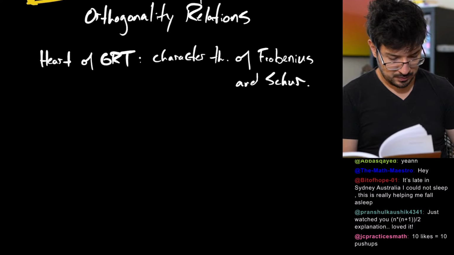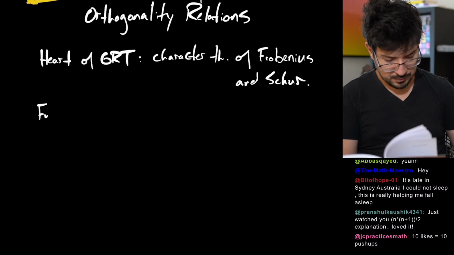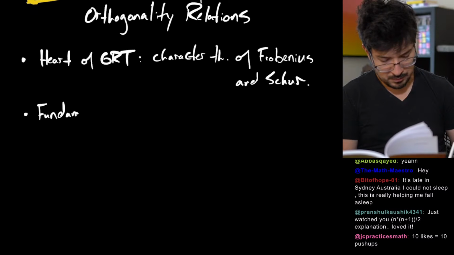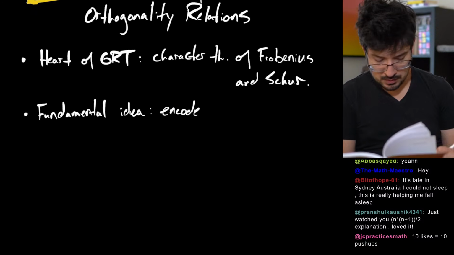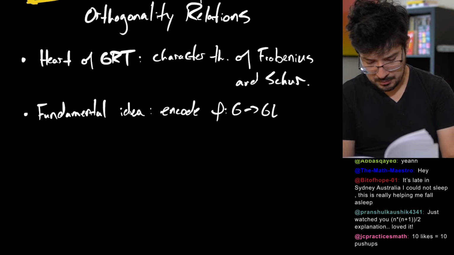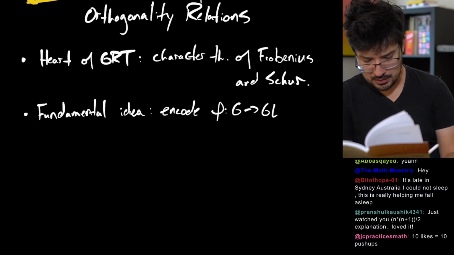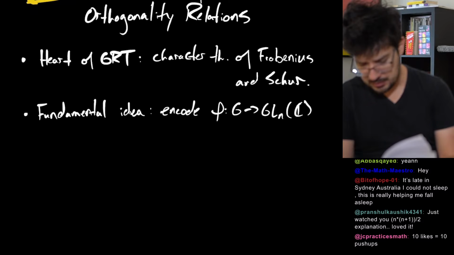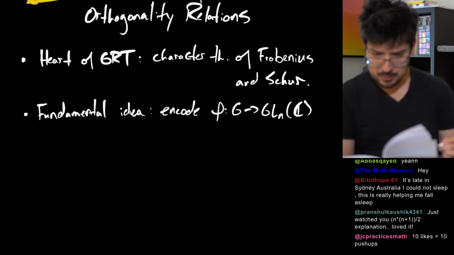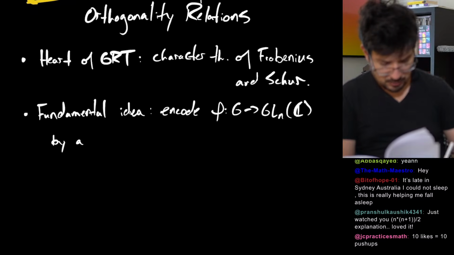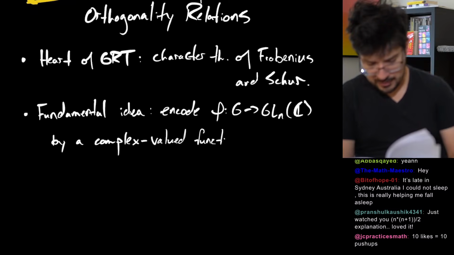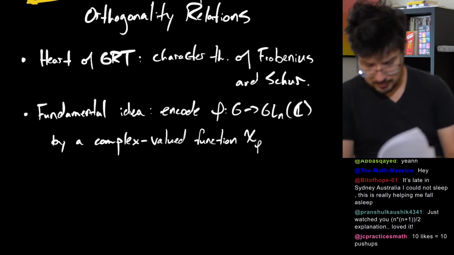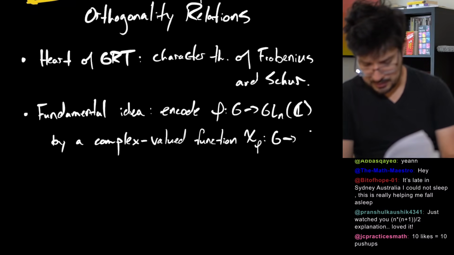We want to encode a representation into n by n complex matrices by a complex valued function chi, depending on phi, from G into the complex numbers.